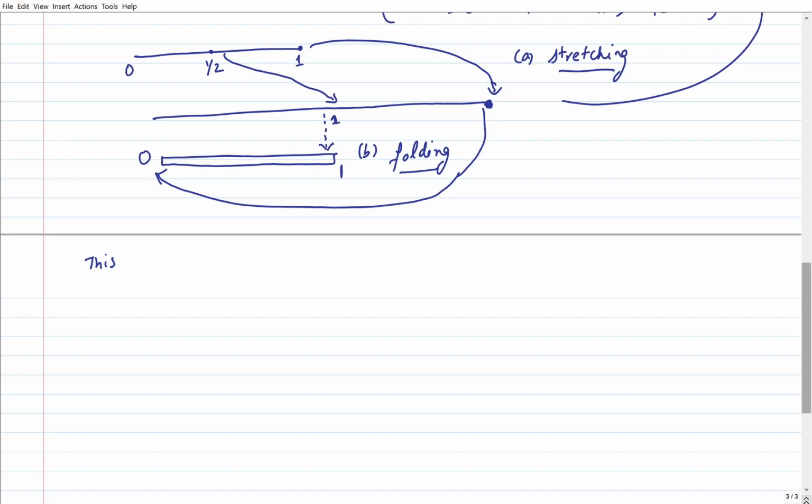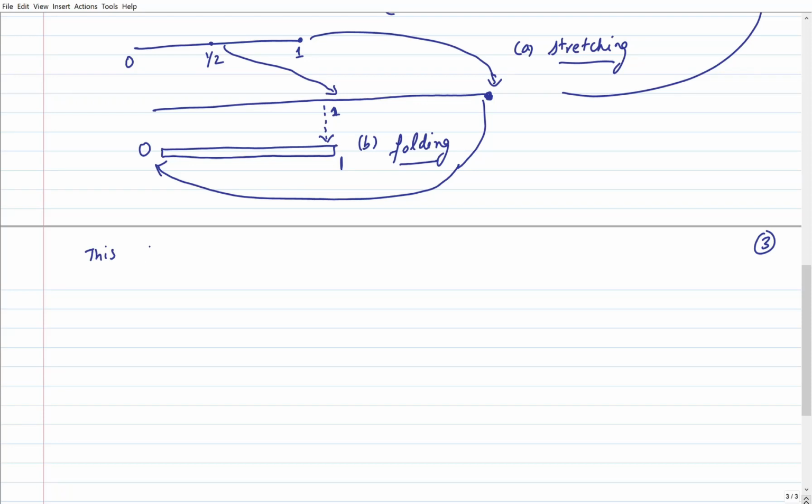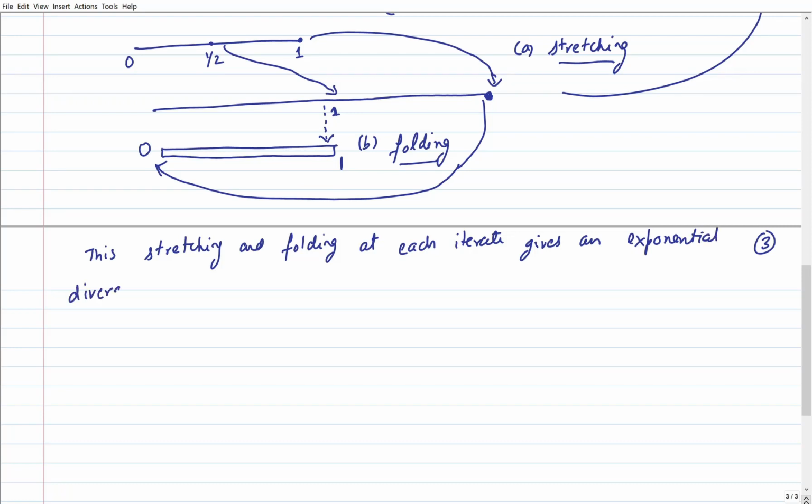This stretching and folding at each iterate gives an exponential divergence for nearby points.